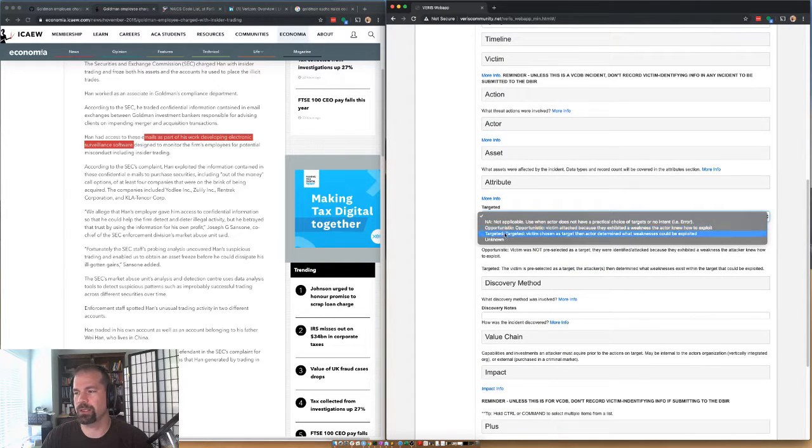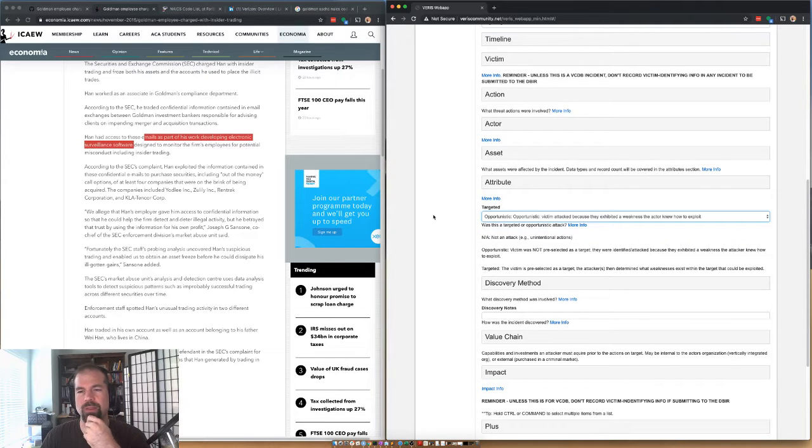And was this targeted? Was it opportunistic? I say it's opportunistic because it sounds like the person wouldn't have done it if they hadn't had access to this email system. If there was means, motive, and opportunity, they were given the means and they were given the opportunity, and their motive was not to breach this specific target.